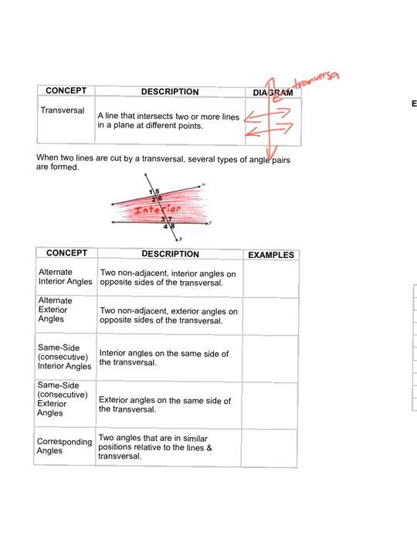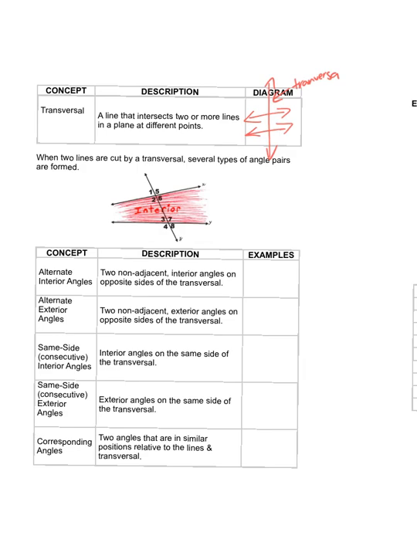Now, before we begin talking about each of these different types of angle pairs, I want to go over the interior part of two lines versus the exterior part. In this diagram that's shown, we have line X and line Y, and then we have line Z as the transversal that cuts through those lines.